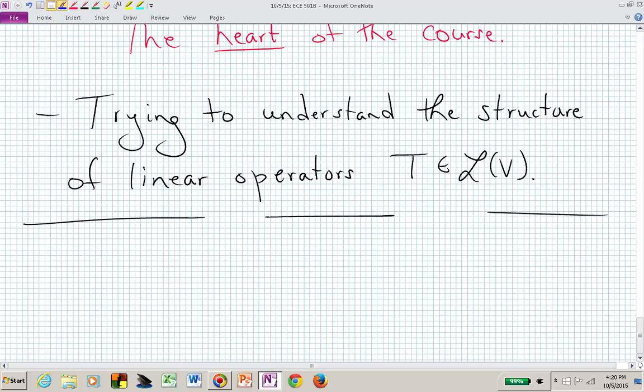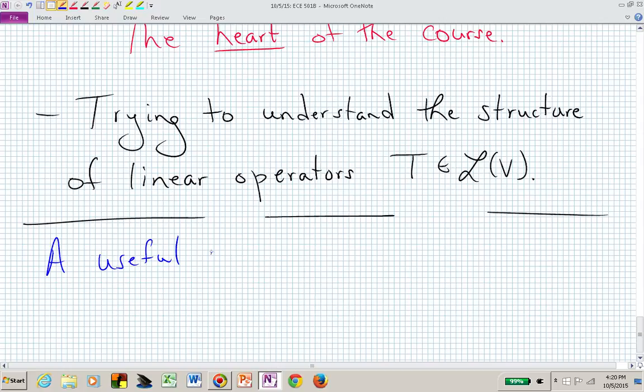Now, to get us thinking about operators, which are mapping from a space back into the same space, let's return to a concept that we've already introduced, and that is a direct sum decomposition of a vector space.